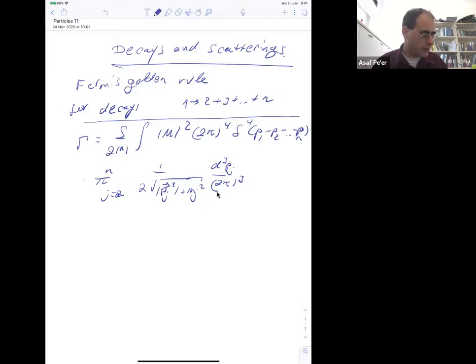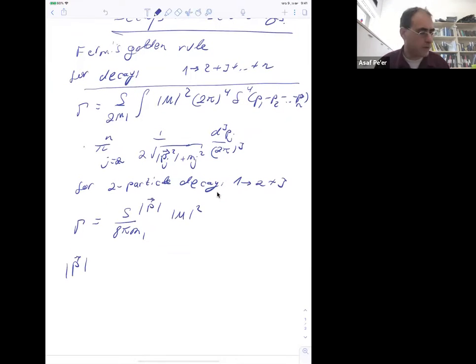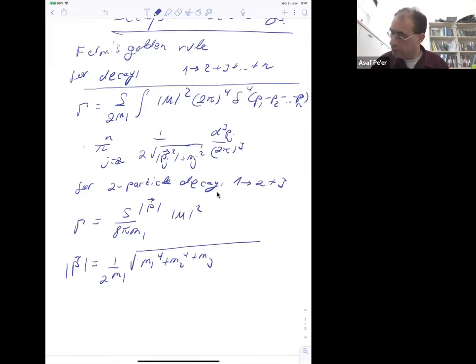Now, when we speak about the two-particle decay, this can be simplified. So particle 1 decays into 2 particles, 2 plus 3, then Gamma is just S divided by 8π m1^2 times |p| times |M|^2, where p is a certain value of the momentum, which really just depends on the masses: 1 over 2m1 times the square root of m1^4 + m2^4 + m3^4 - 2 m1^2 m2^2 - 2 m1^2 m3^2 - 2 m2^2 m3^2.